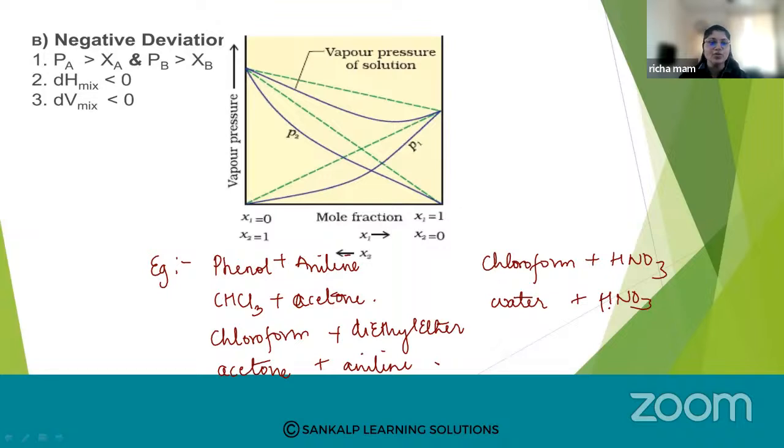Is it clear? What are ideal solutions? What are non-ideal solutions? What is a positive deviation? What is a negative deviation?